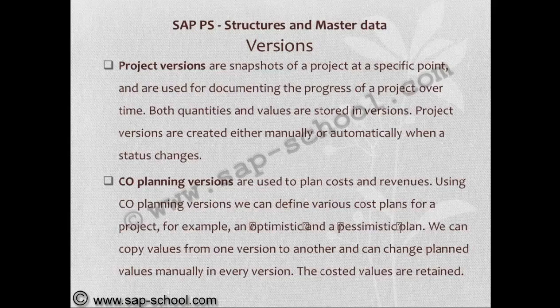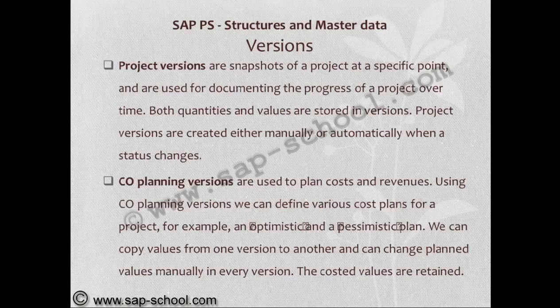CO planning versions are used to plan costs and revenues. Using CO planning versions, we can define various cost plans for a project. For example, an optimistic and a pessimistic plan. We can copy values from one version to another version and can change planned values manually in every version.